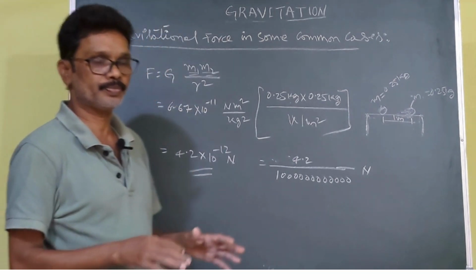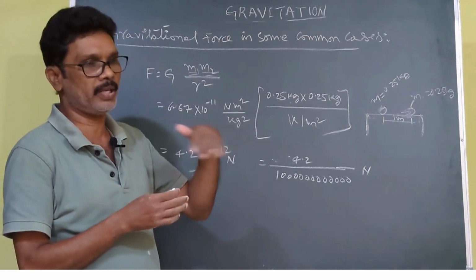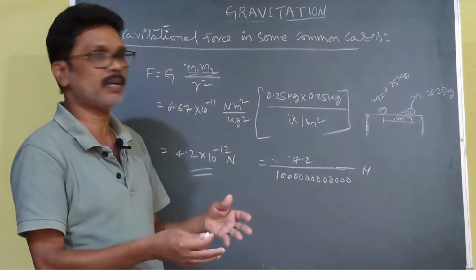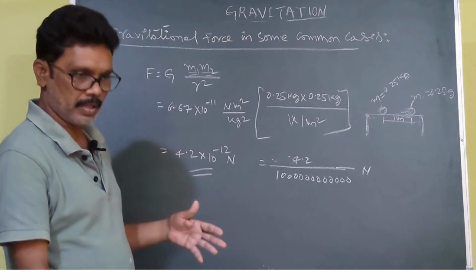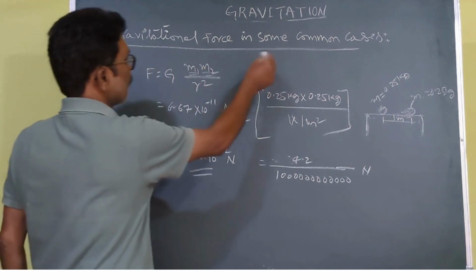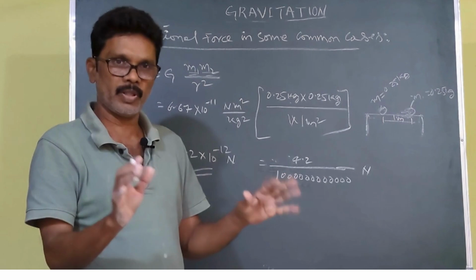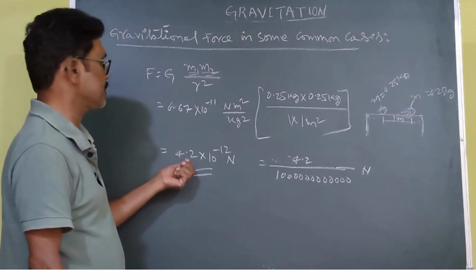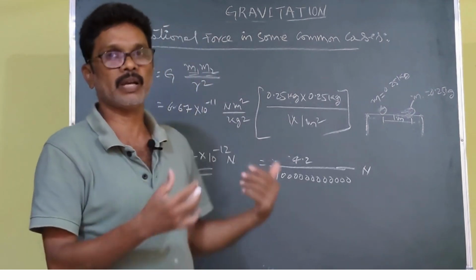But the force exerted by the earth on any object is huge and significant, and we are going to calculate that value next. So from this gravitational force we understand that an attractive force is there between two objects, but it is very insignificant, so we didn't feel that force.